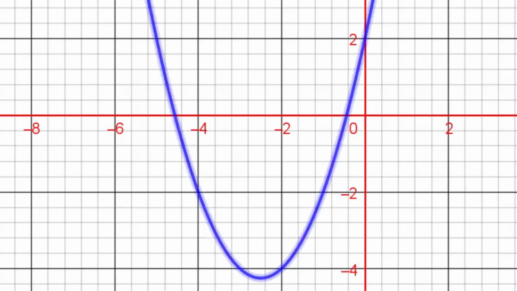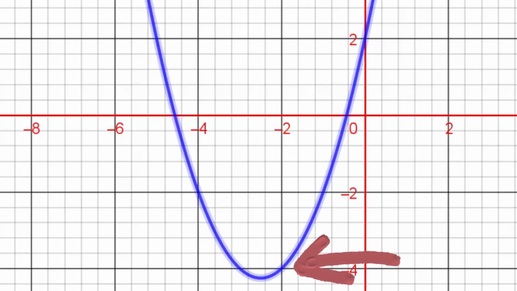So we have our curve drawn, and our target is to determine the equation of the tangent at the point where s is minus 2 and y is minus 4.